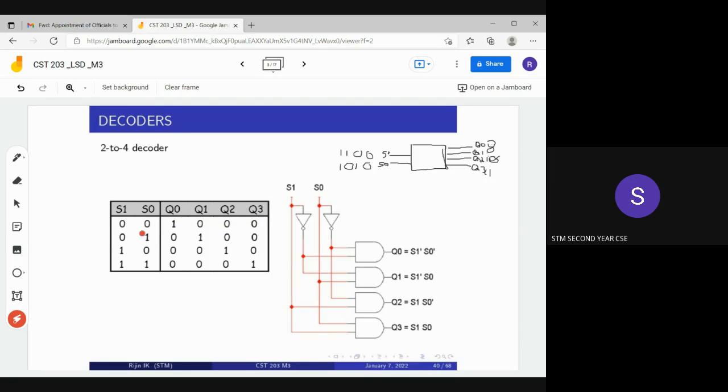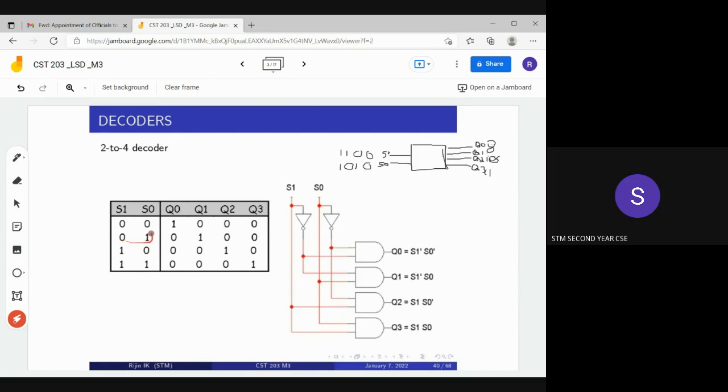If S1 is equal to 0 and S0 is equal to 1, that means if your input value is 0 1, then it will activate the Q1 line, and the remaining bits will be 0. That is 0 1 0 0.